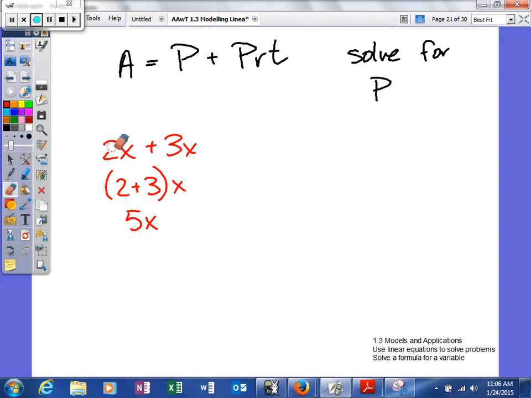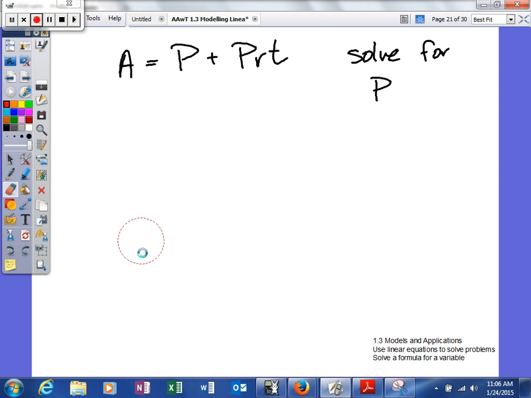Well, using that knowledge right there, let me make my eraser larger, we can come up with the answer to this one. So our common term is p. P's coefficient in this problem right here, this one's 1, and we could actually say that this is the coefficient. So just like in that last example, we'll say A is equal to, our common term is p, so we can add our coefficients together.